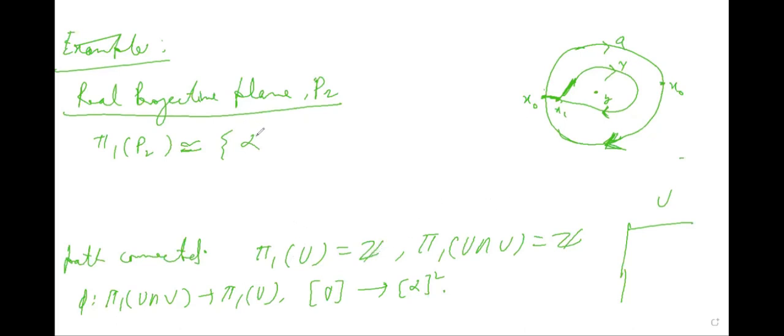So we have Z quotiented by the normal subgroup generated by alpha square. So we have a representation of this group by generators and relations like this. So this is basically nothing but Z2.